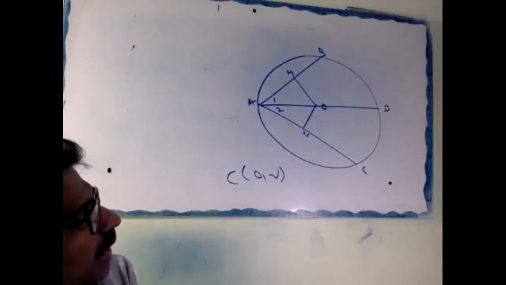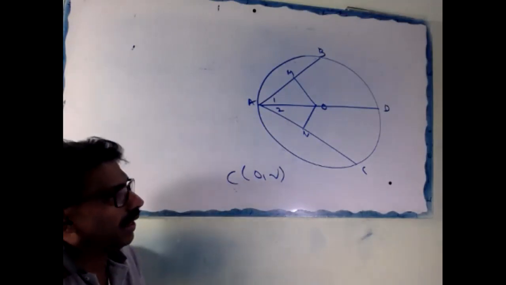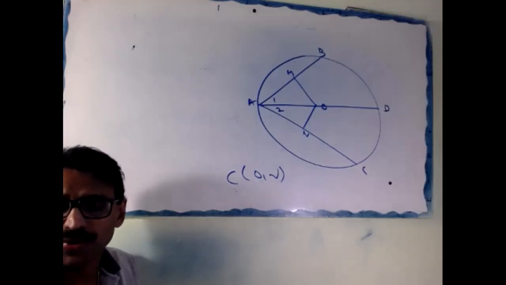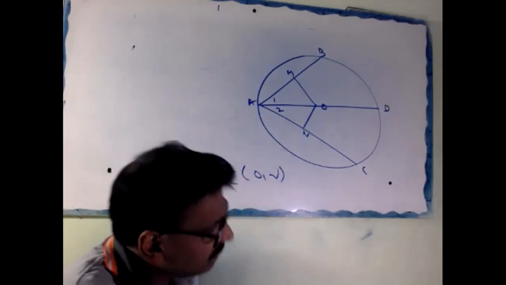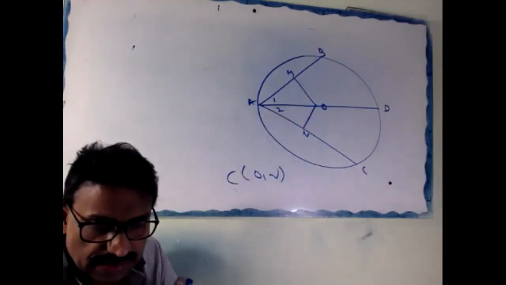Therefore, triangle AMO is congruent to triangle ANO. Which congruency? This is not SAS. How SAS? Two angles, no. AAS. SAS means what?